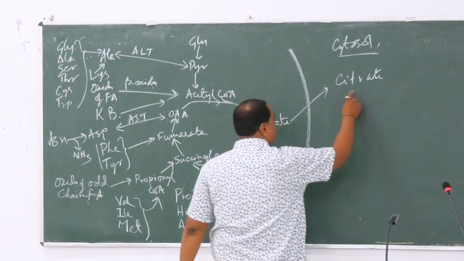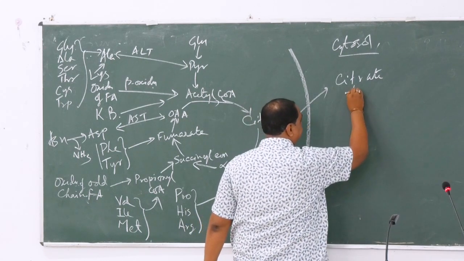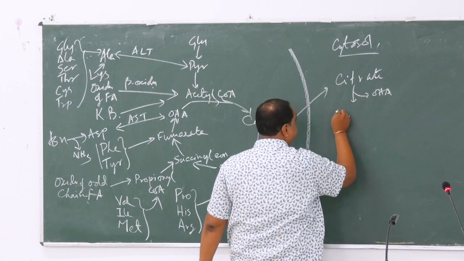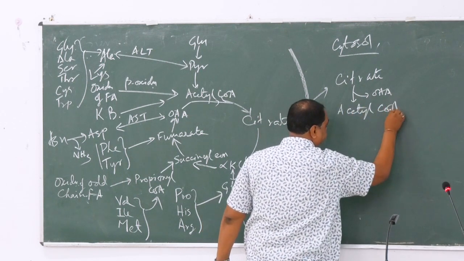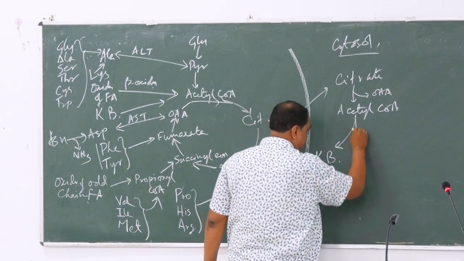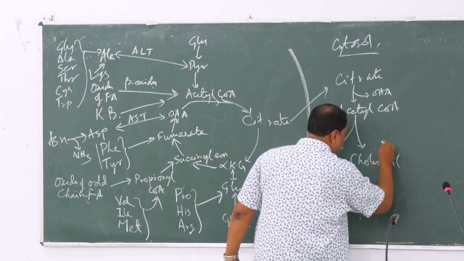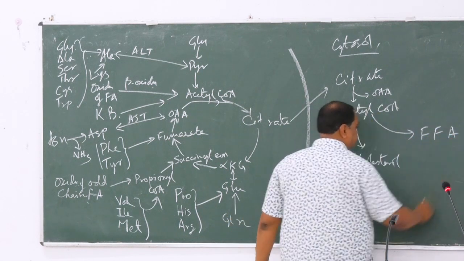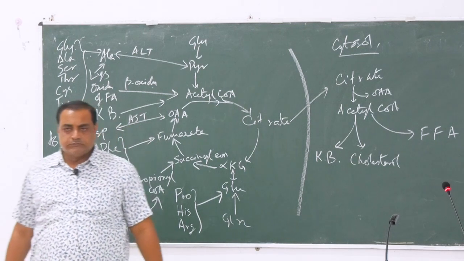Citrate is brought outside of mitochondria, then it is broken down. Okay.